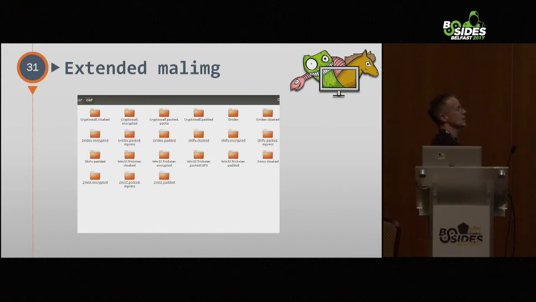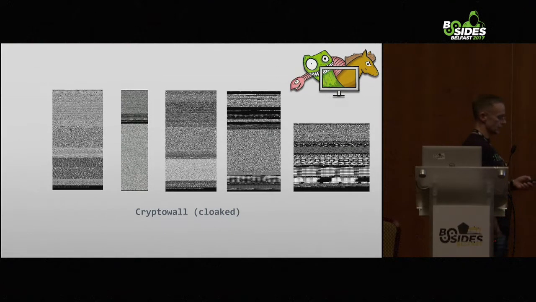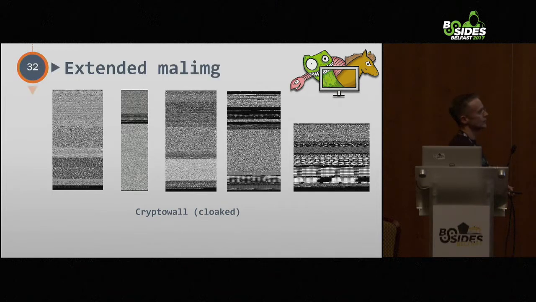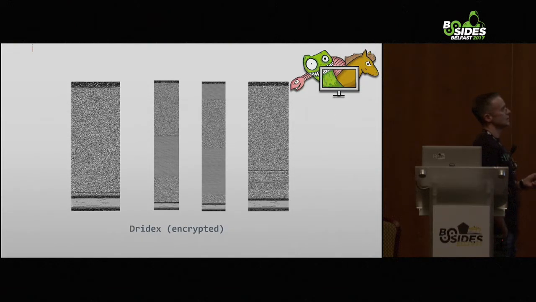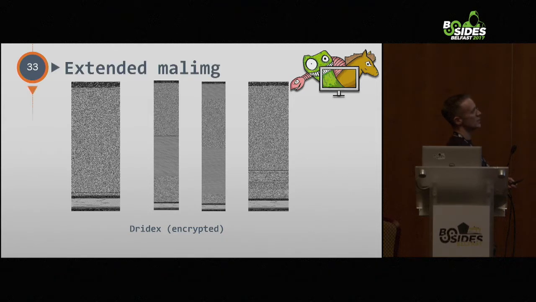So this is just some examples of the samples when they were passed through to images. This is the encryptor that I used. You can see that there's certain parts of this that it encrypted here, so there's a bit more entropy, a different texture in the file, and that's basically the encrypted parts.